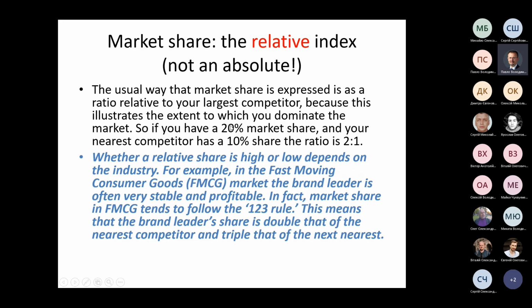So if our market share is 20% of the market and the nearest competitor, so if you are the leader of the company, of the company, sorry, it was my mistake, the leader of the market, the ratio in this very case will be 2.